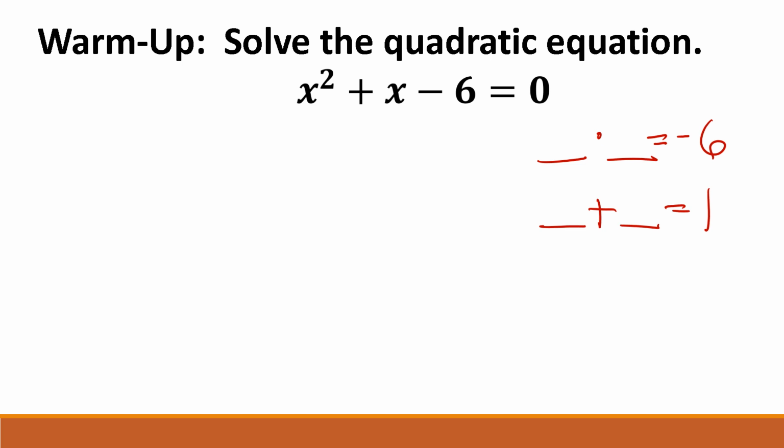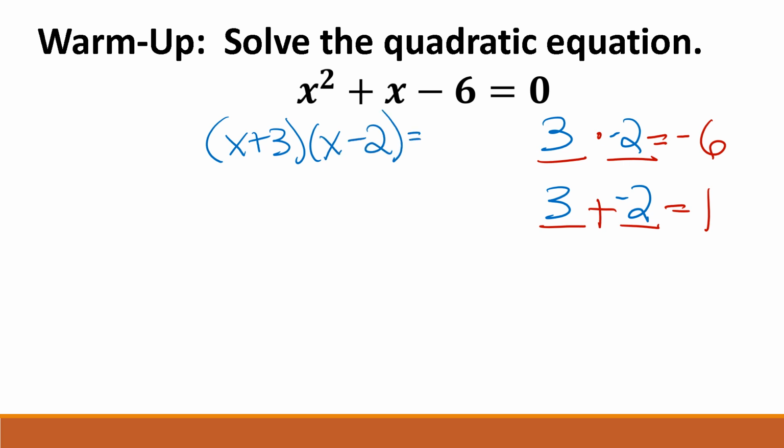One's going to be positive, one will be negative. Yeah, +3, -2. So when we factor, we write our two parentheses, so it'll be x +3, x -2. And then is that my answer?